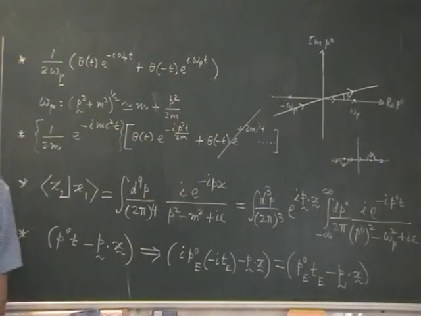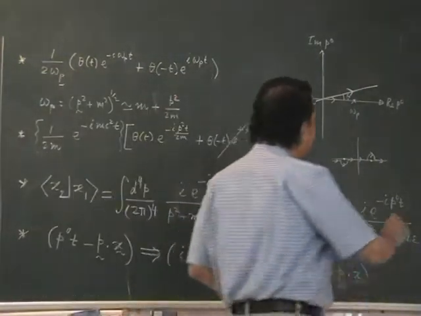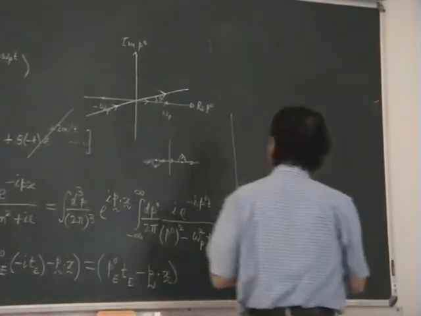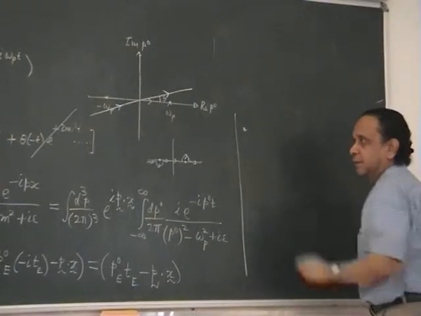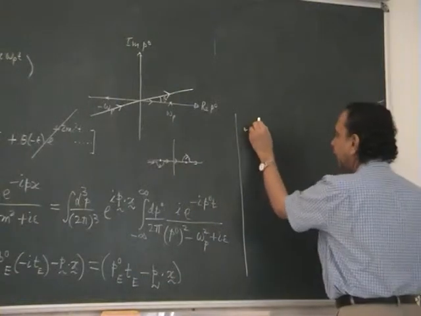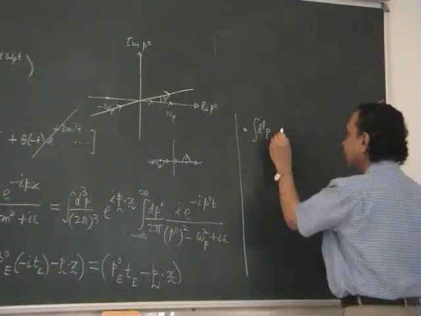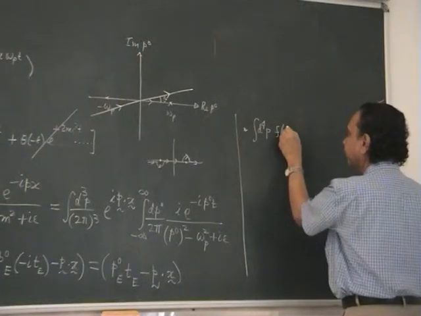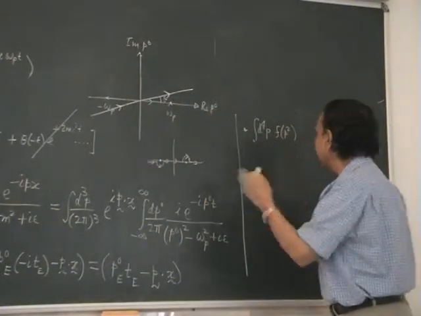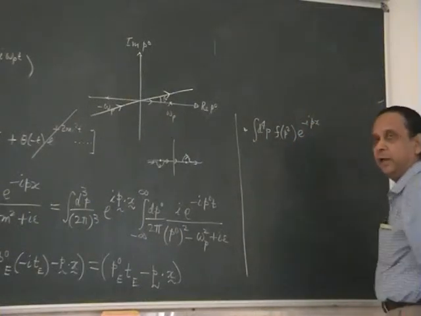However, most of the time the integrals will work out as they should. So let me just show you that. What you will often have are integrals of the following kind. Just let us look at this kind of integral which we have written down here. You will have an integral d4p, some function of p square, which is what is here, times, let us say, e to the minus i p x in 4 dimensions.